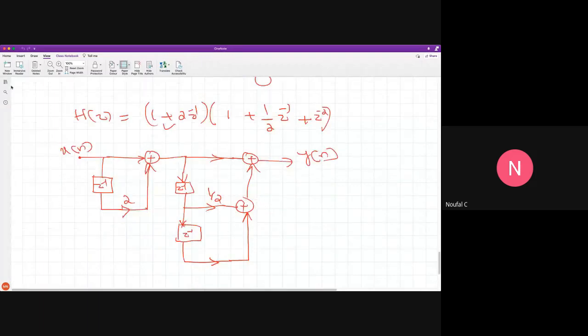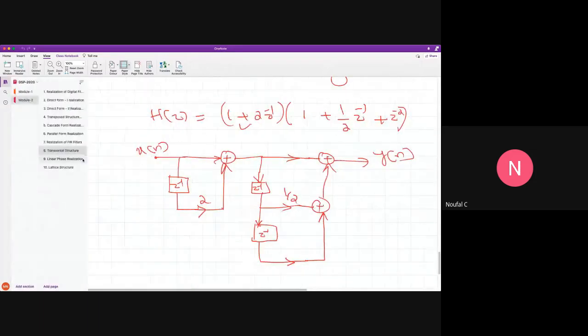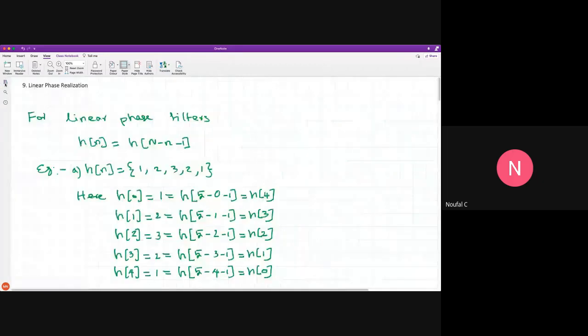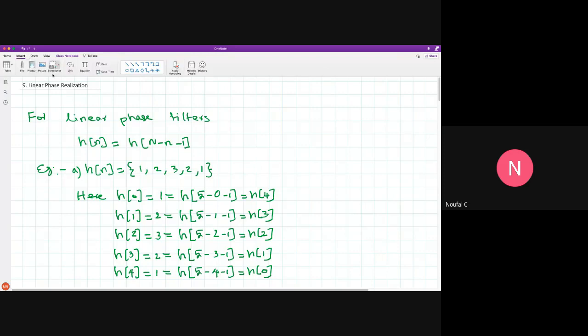Okay. Now we are going to yet another realization form of an FIR filter. It is called a linear phase filter. This is really simple, and it is quite interesting also. So let me start with some theory or the math required for the development. So we have a class of filters known as linear phase filters.